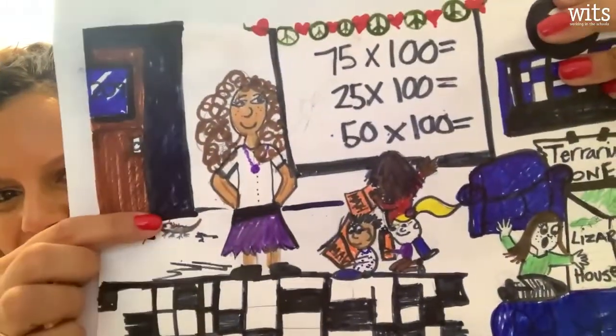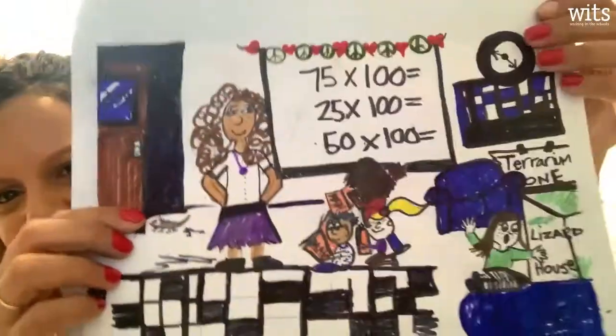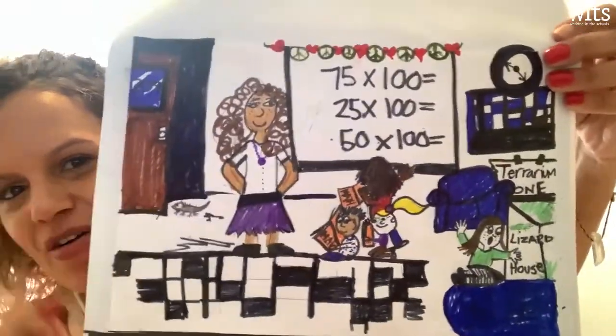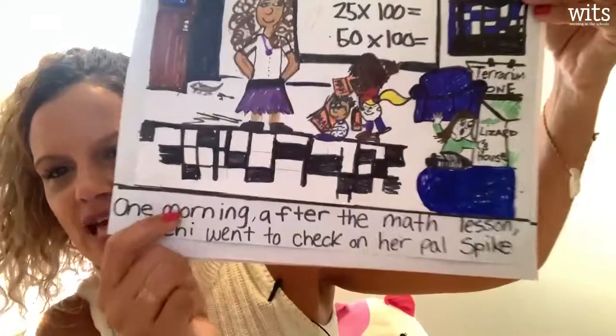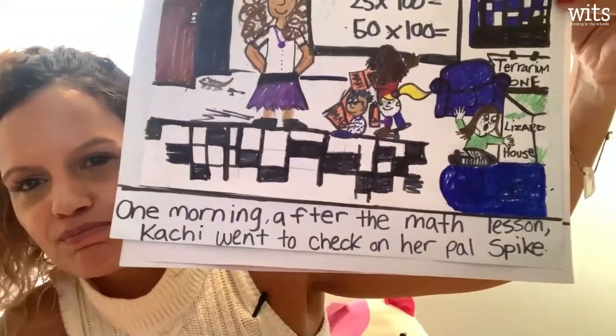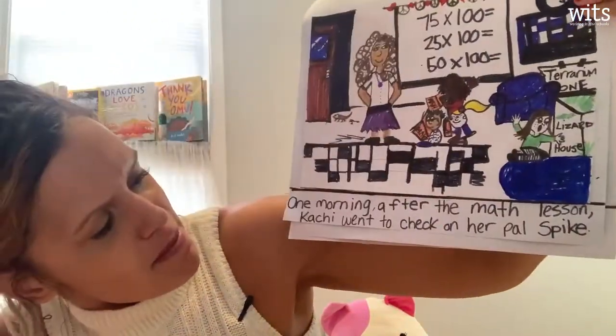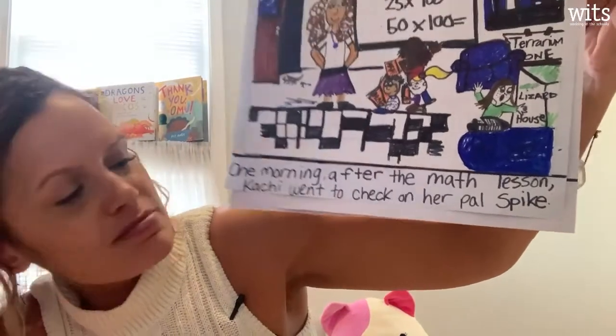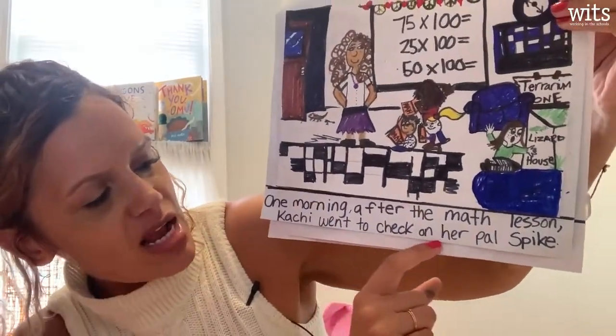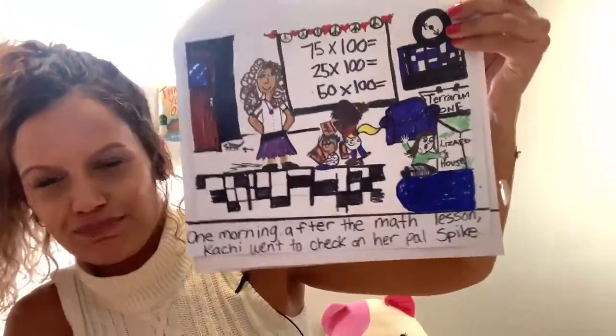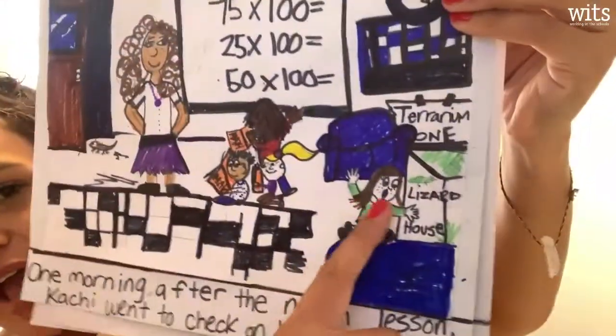And these are the words. Notice there's a secret little Spike right there. She got away from us. We didn't even notice. The words say, one morning after the math lesson, Kashi went to check on her pal Spike.